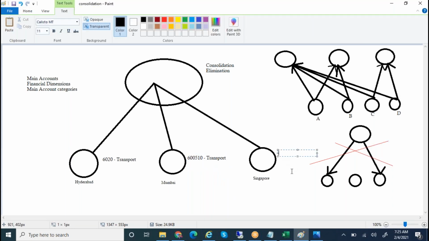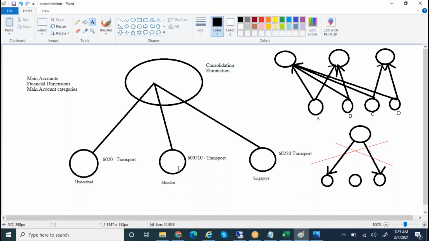In this, it may be 60220 transport charges. Now, how can the system combine this onto this one?